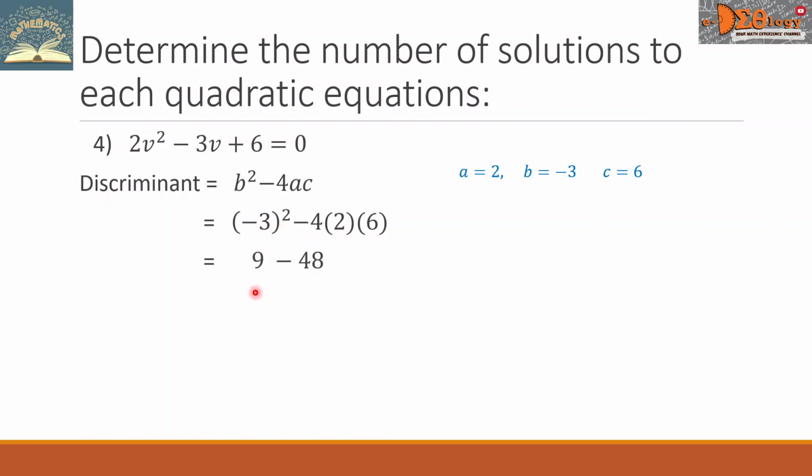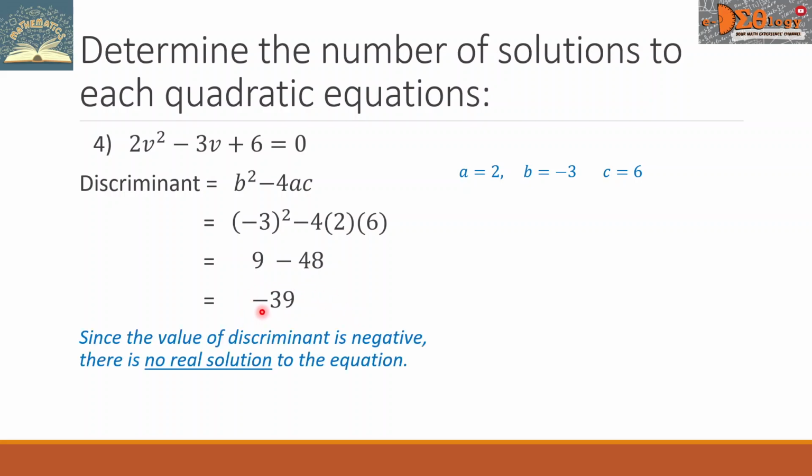Square of negative 3 is positive 9, minus the product 4 times 2 times 6, that is 48. 9 minus 48 is negative 39. We can see that the discriminant is negative. So we say, since the value of the discriminant is negative, there is no real solution to the equation.